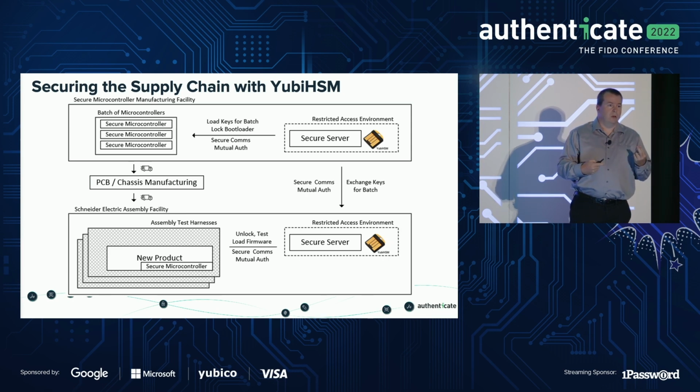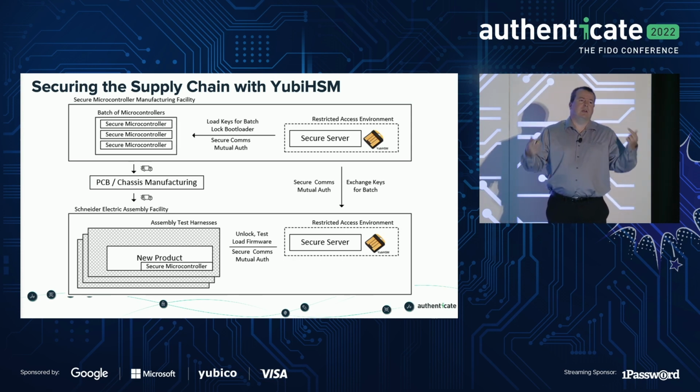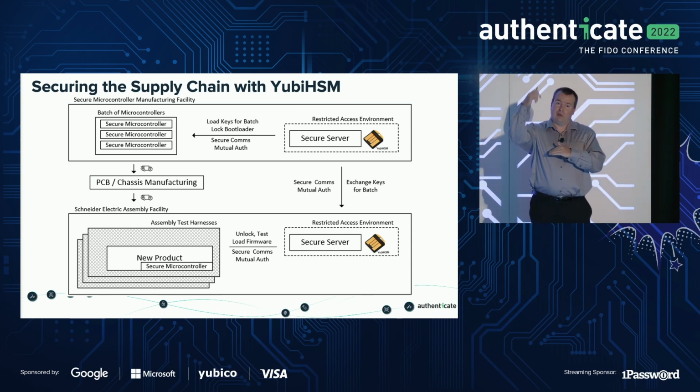We're also certain that it has genuine firmware because we're loading it at the very last point of the process right before delivery, right? And we're sure that nothing was injected into that microcontroller before it gets into final assembly, before it gets shipped to the customer. So that's how we're using the YubiHSM to exchange those keys between multiple parties from an end-to-end approach.